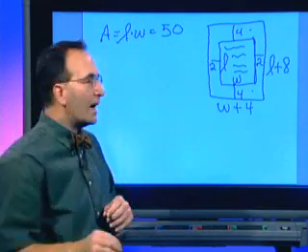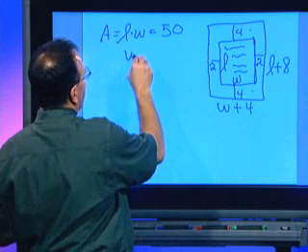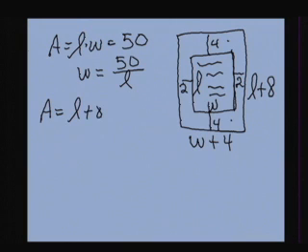This time I will solve this for W and say that W is equal to 50 over L. Then for the whole poster, my area is the full length, L plus 8, times the full width, W plus 4.